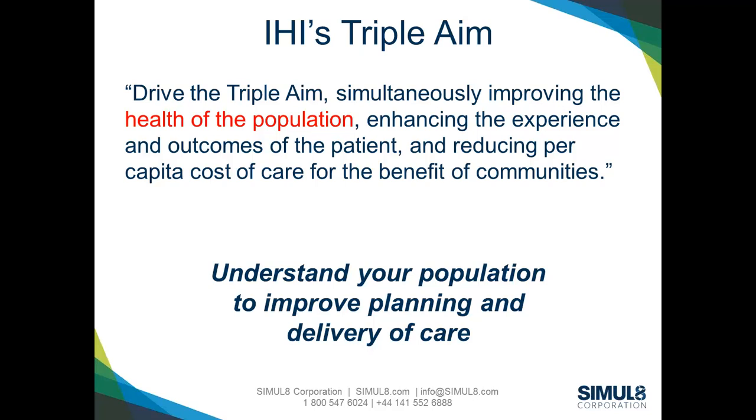And you see there that the health of the population is one piece of it, but also the experience and the outcomes, and then also that financial capital cost piece. So they're actually kind of separating population health from the financial needs of a population. And so it's kind of two separate areas, and then we would agree that those tend to be sometimes different topic areas, though obviously tightly integrated.